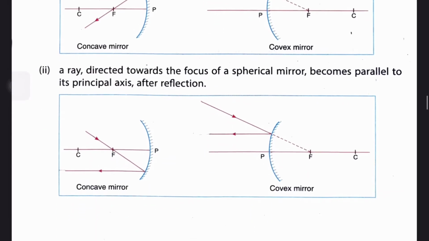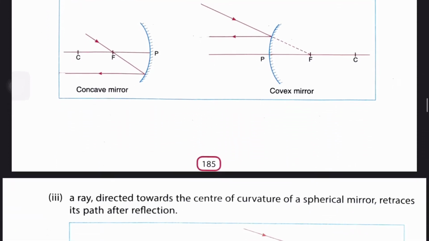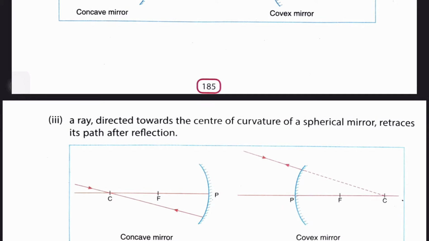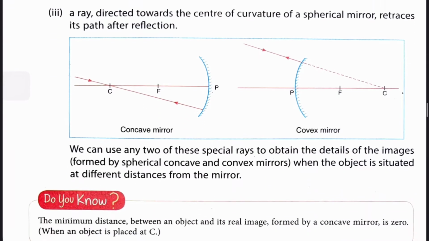Second, a ray directed towards the focus of a spherical mirror becomes parallel to its principal axis after reflection. Third, a ray directed towards the center of curvature of a spherical mirror retraces its path after reflection.